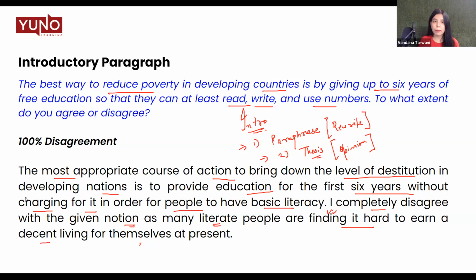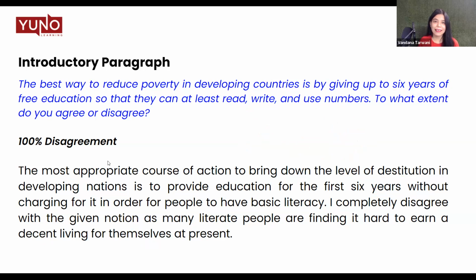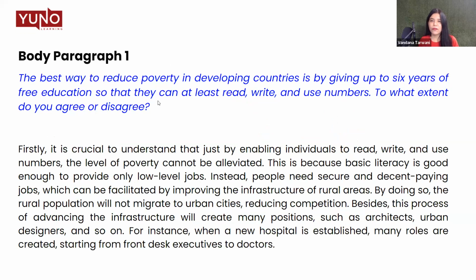Let's move to body paragraph 1. Let's understand the structure, that what goes inside a good body paragraph. Right. So the very first sentence of your body paragraph is going to be topic sentence. In topic sentence, you write your main idea, and then comes another star of your essay.